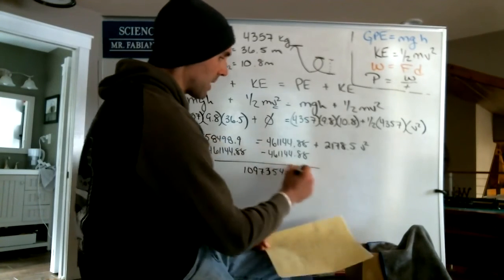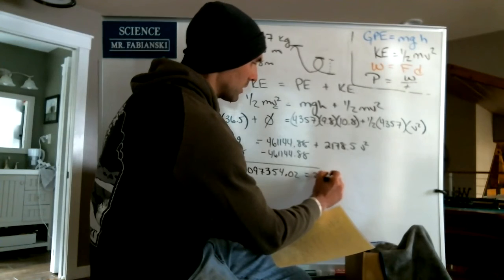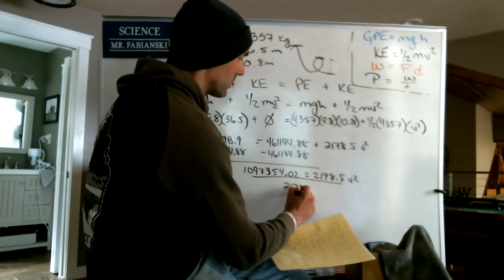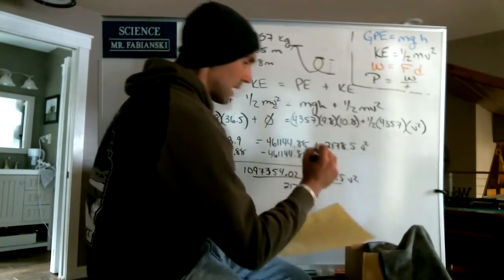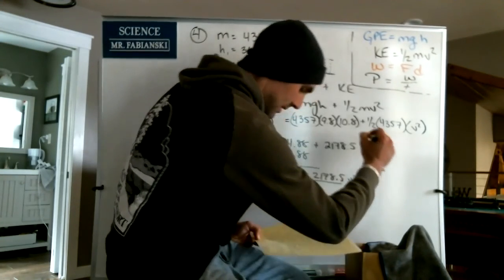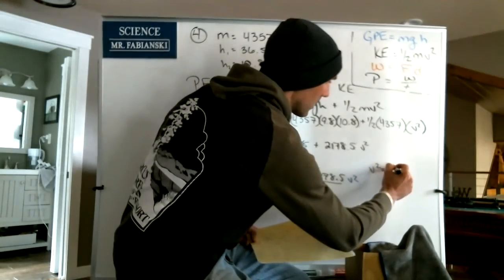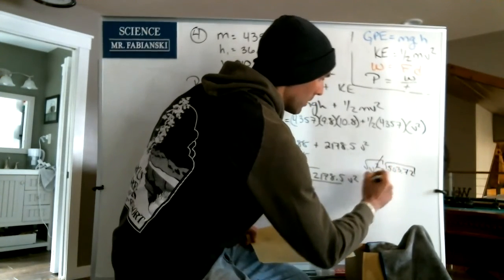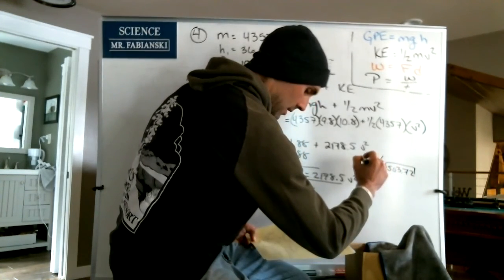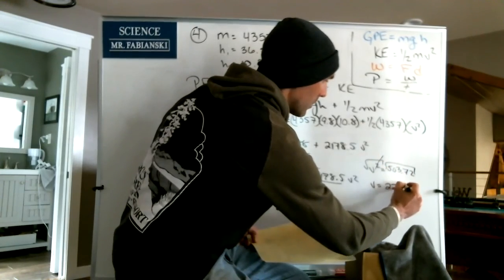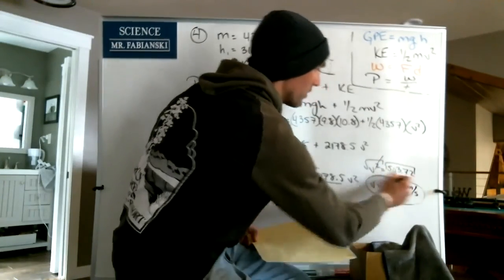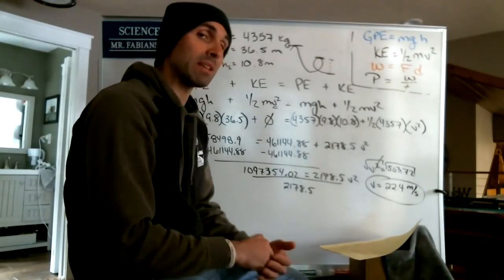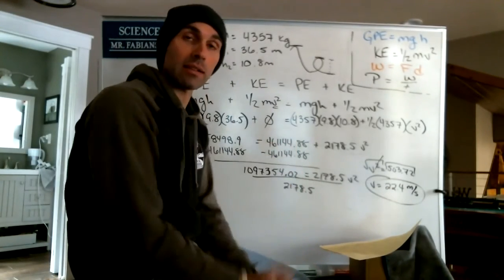I know these numbers are cumbersome, I apologize. That equals 2178.5 v squared. We divide by 2178.5, and we get a v squared equaling 503.72. We square root that to get rid of the square, and we get a velocity of 22.4 meters per second. And that is how fast the roller coaster is going at the top of the next loop.